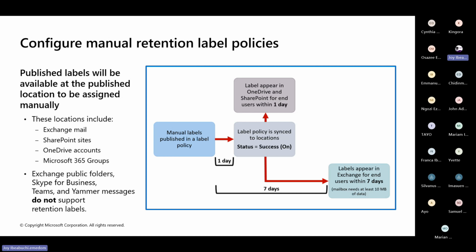And they're not recoverable. However, there are some locations that do not support retention policies, even though those locations might have classifications, but they also do not support retention labels, sorry, not policies, labels.